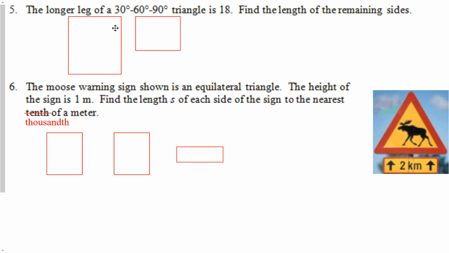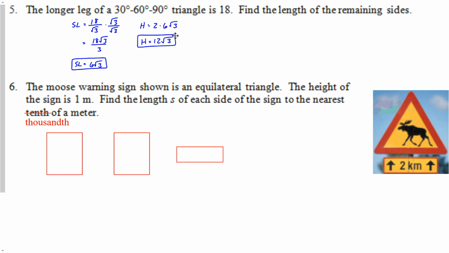To go from long leg to short leg, we have to divide by the square root of 3. We would then have to rationalize and then simplify. 18 over 3 can be simplified, so the short leg is 6 square root of 3. Now, the only one that we're missing is the hypotenuse. So we would double the short leg to find that the hypotenuse is 12 square root of 3.